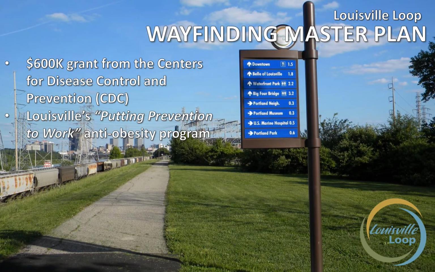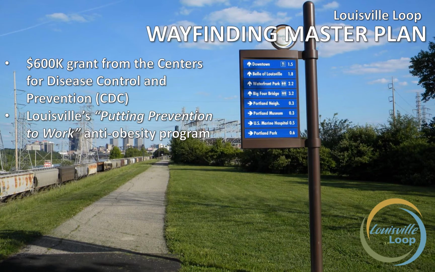The Wayfinding and Signage master plan for the loop came from a funding source, the Centers for Disease Control, that Metro wasn't used to necessarily ever applying to for a project like the Louisville Loop.